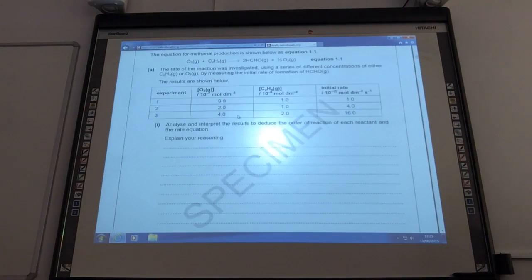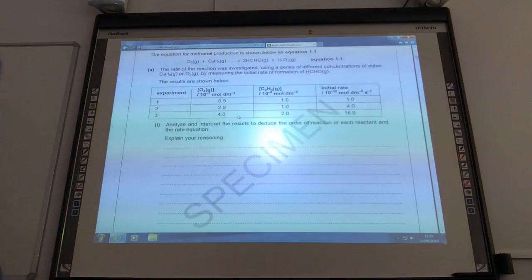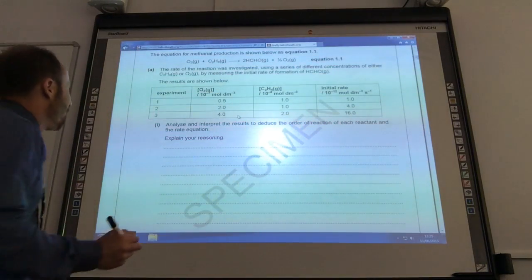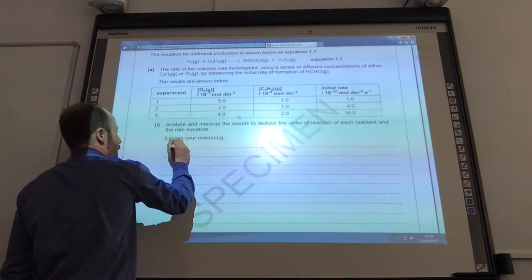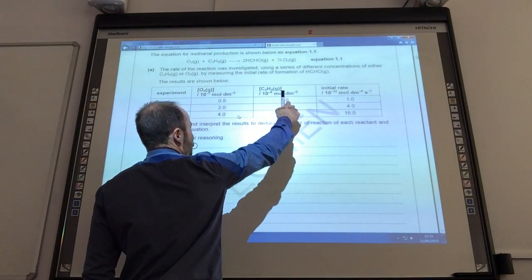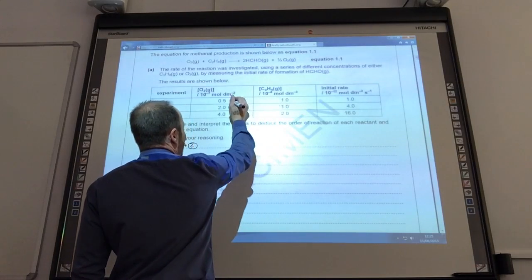I'm just going to shimmy the board up to give me a bit more space. Now, I need to work out the order with respect to ozone and C2H4. So let's do that. If I look at experiments 1 and 2, hopefully you can see that the concentration of ethene remains the same.